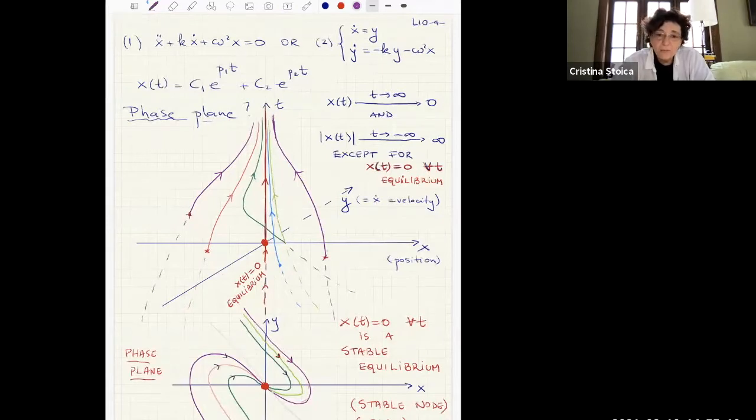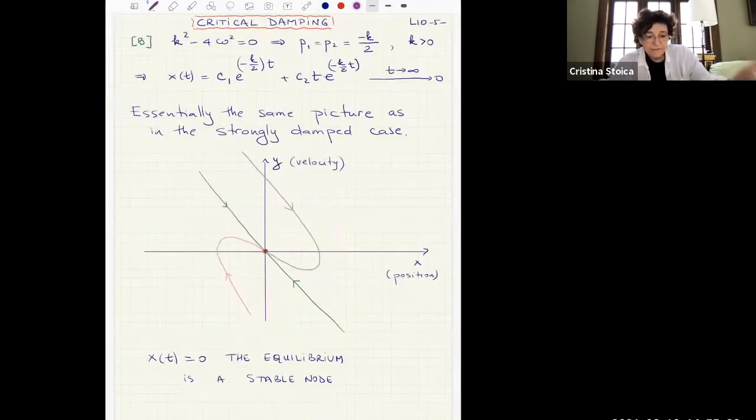Okay, now, because all trajectories end up in the equilibrium, that's called a stable equilibrium or a sink or a stable node. It has different names, but it means the same thing. Then we have the case of critical damping, in which the roots of that characteristic equation are equal. Okay, they're both negative, again because k is given to be positive, and essentially it's the same picture that we get as in the strongly damped case.